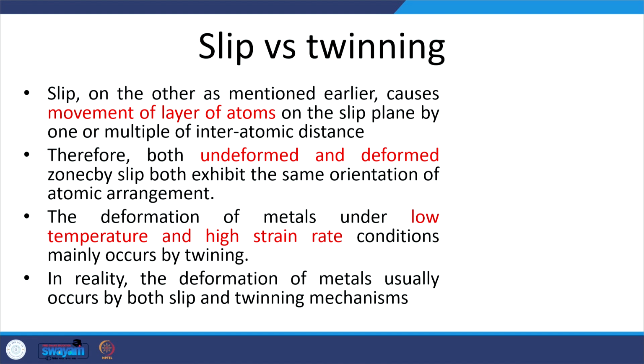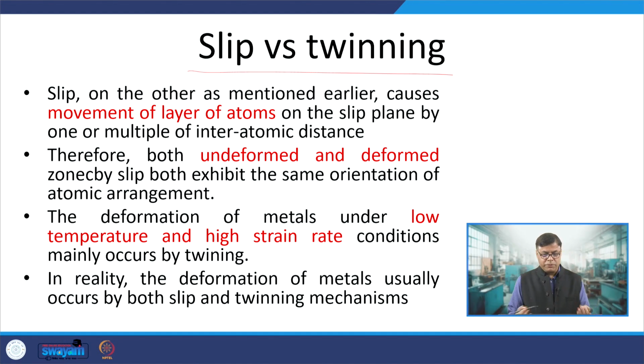Now, if we compare slip and twinning, the two atomic level deformation mechanisms, we can see there are three important factors on which we can compare. Slip occurs when the movement of a layer of atoms on the slip plane is by one or multiple interatomic distances.